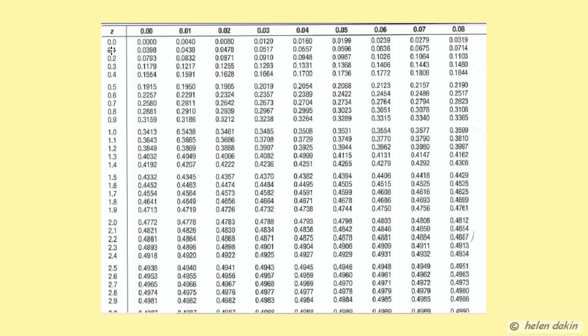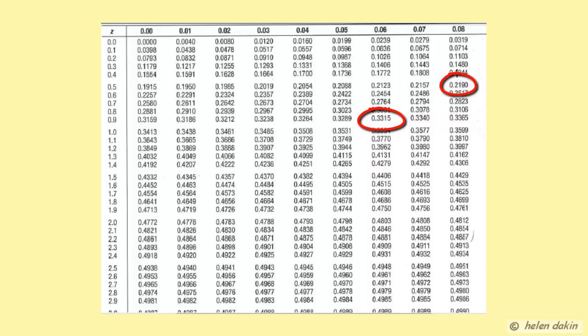For a Z value of negative 0.96, I'm going to go down to 0.9 and read across to 0.96 and circle that. That would be 33.15%. So negative 0.96 corresponds to an area of 33.15%. And now to read the area for a Z value of positive 0.58, I go down to 0.5 and across to the 8. That would be 21.9%.